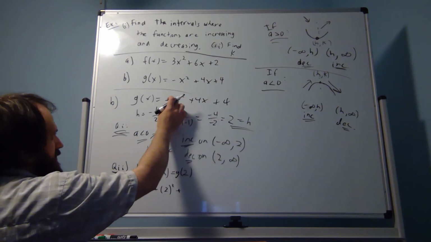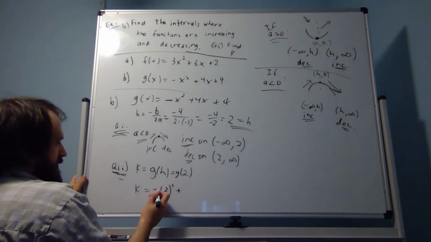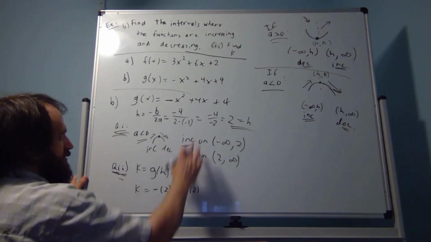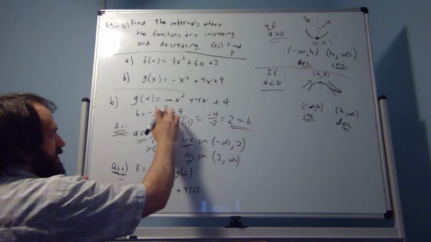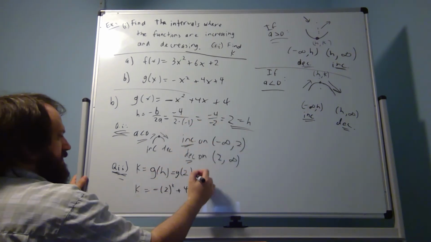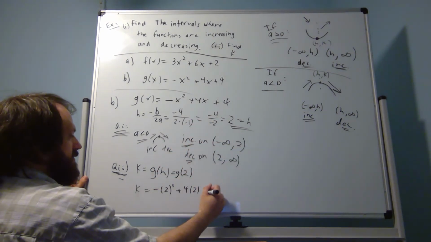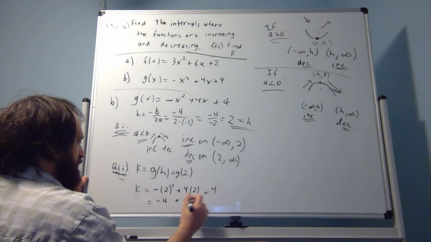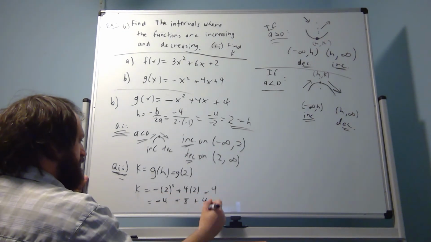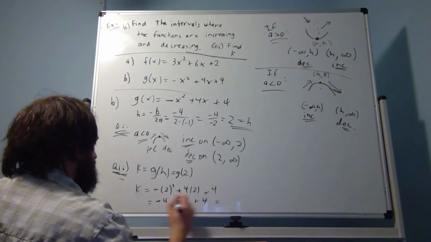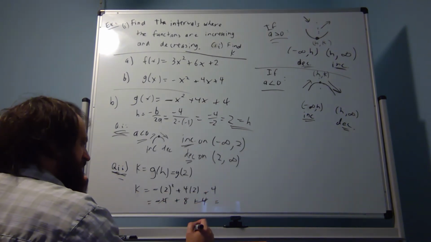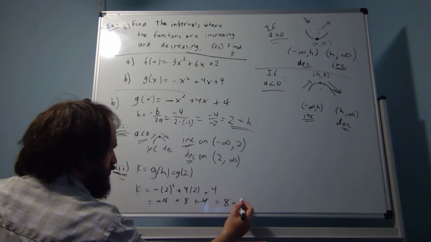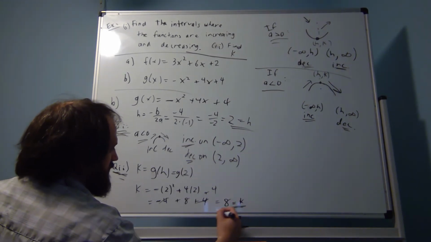You take x squared and then the negative of that, and then plus 4 times 2, plugging 2 in for x, and then plus 4. So we get negative 4 plus 8 plus 4. So these two are negatives, and then we have 8 left over. So what were we doing here? We were finding k.